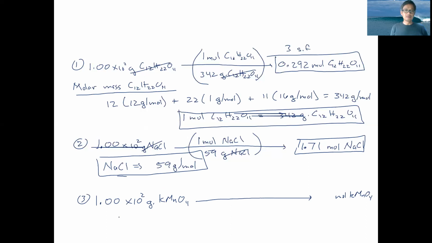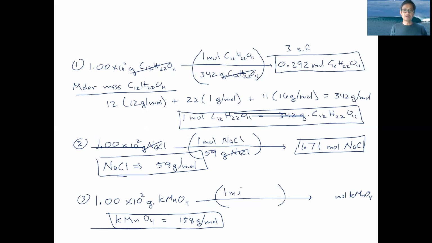The molar mass of potassium permanganate, which is 1 potassium, 1 manganese atom, and 4 oxygen atoms, is going to be 158 grams per mole. You get this molar mass by adding together 1 potassium, 1 manganese, not magnesium, and 4 oxygens. So you plug that in, and we're going to divide by the molar mass.